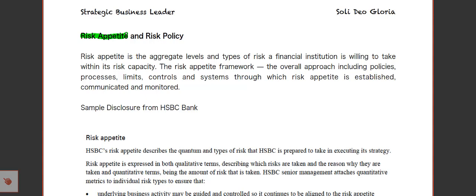Risk appetite basically defines the level of risk and the type of risk that a financial institution is willing to take within its risk capacity. It's the amount of risk and type of risk.